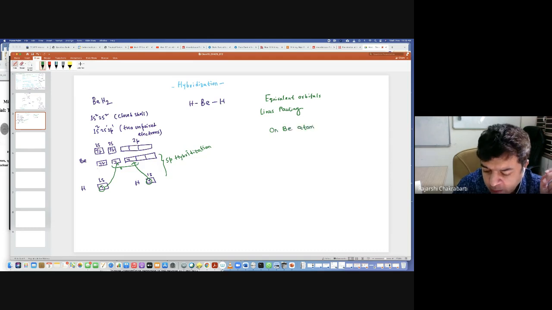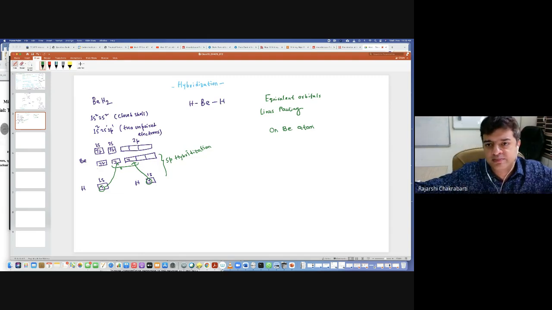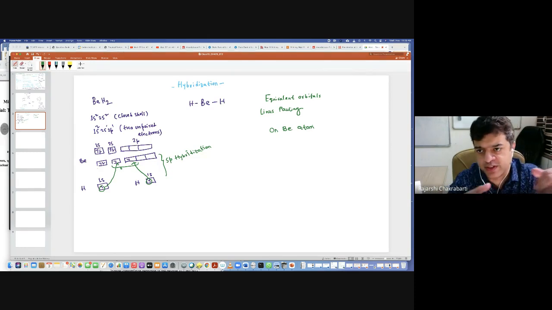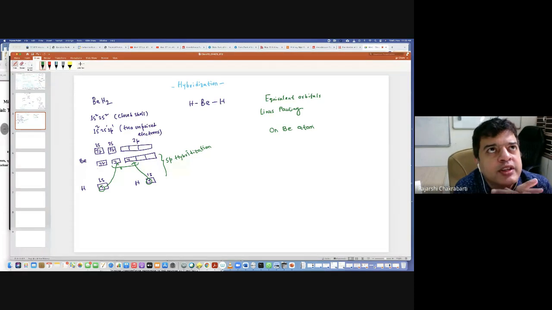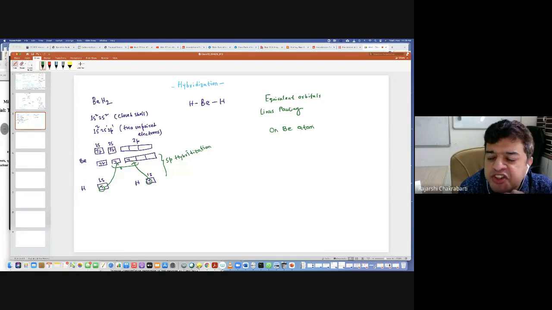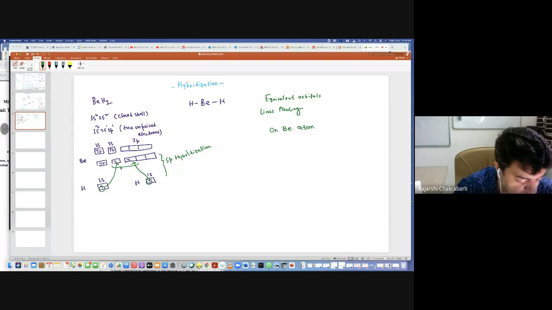Earlier, when we were mixing atomic orbitals in MO theory, we were mixing atomic orbitals from two different atoms, say one lithium and another lithium, or one lithium and one hydrogen. But in this case the beryllium atom, the center atom, has 1s, 2s, 2p orbitals, and since 2s and 2p are close in energy, they mix on the beryllium atom.